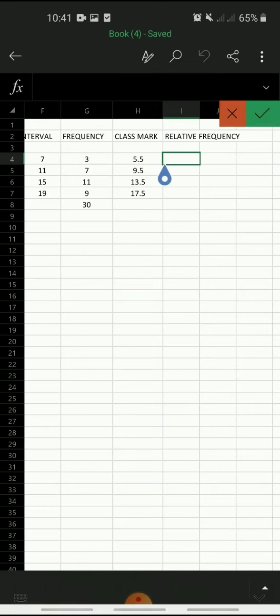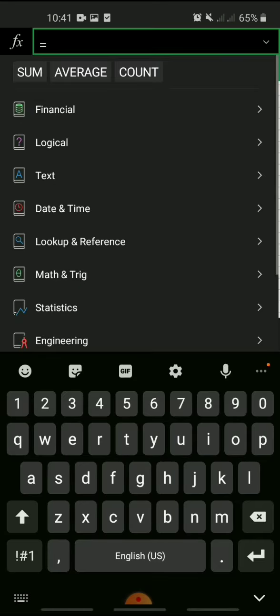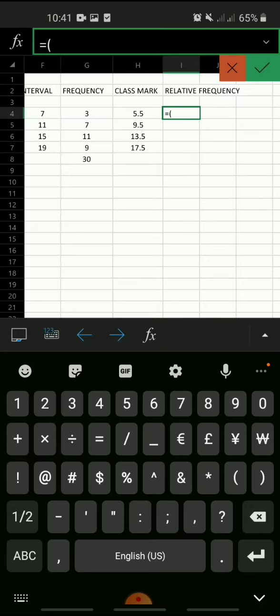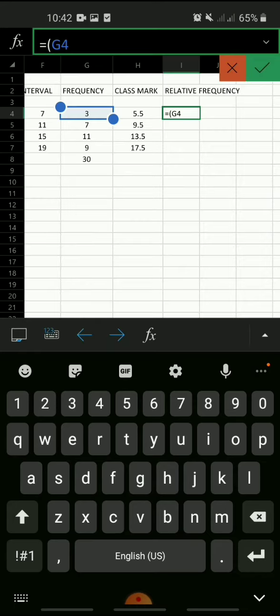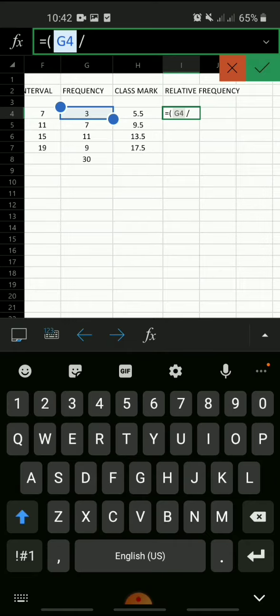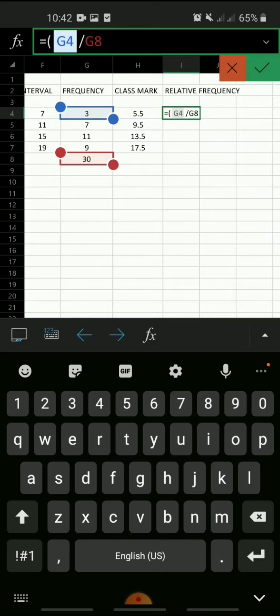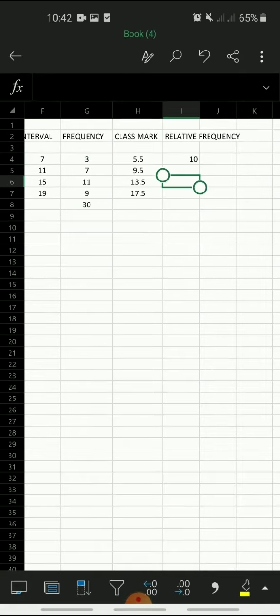So, we're going to use this formula: open parentheses, G3, G4, then divide it by G9, G8, then close parentheses, and then times 100, equals 10.